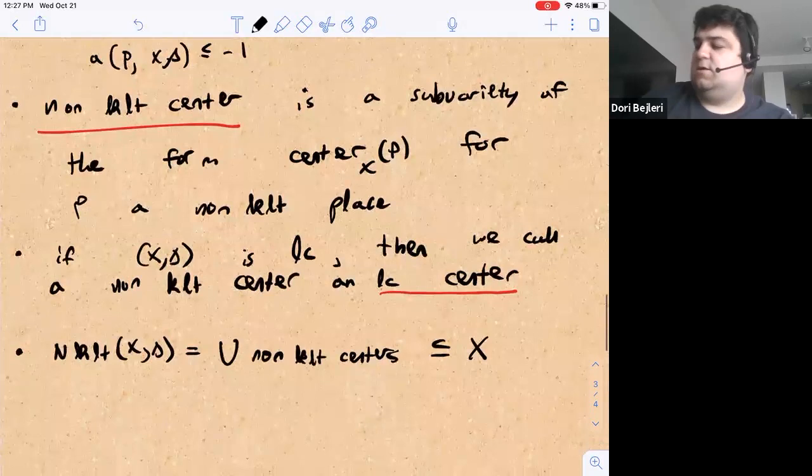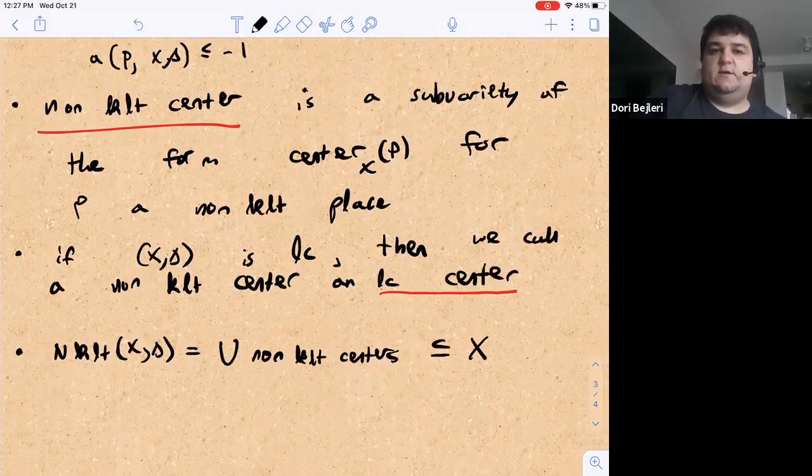Of course here, we're using the fact that you can test KLT on one particular resolution to know that there are only finitely many of these centers.